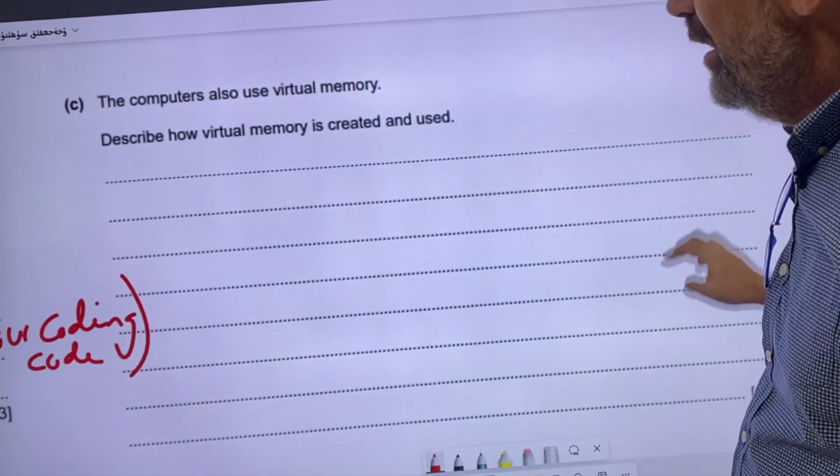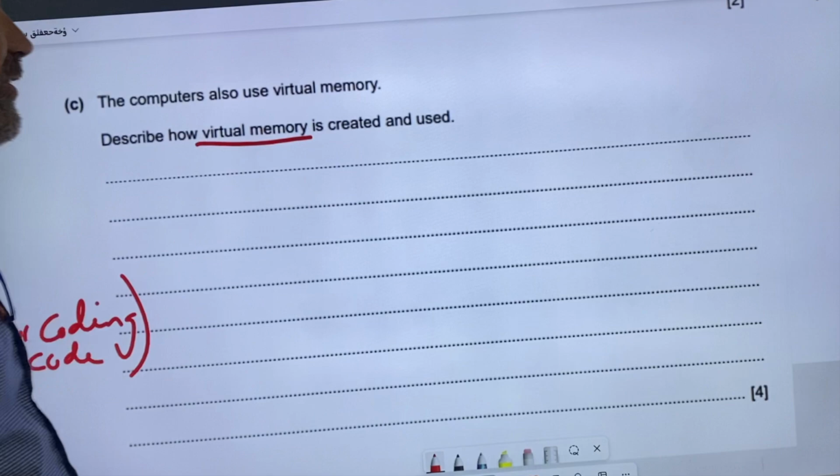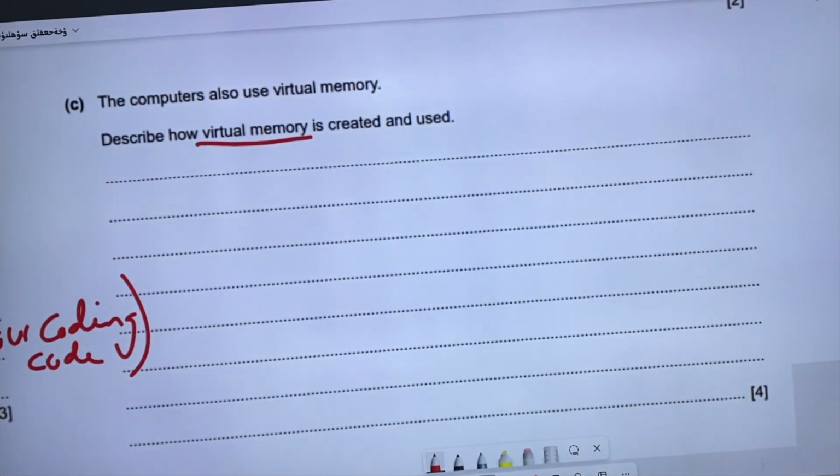Now, what's this? 4 marks. Describe how virtual memory is created and used.